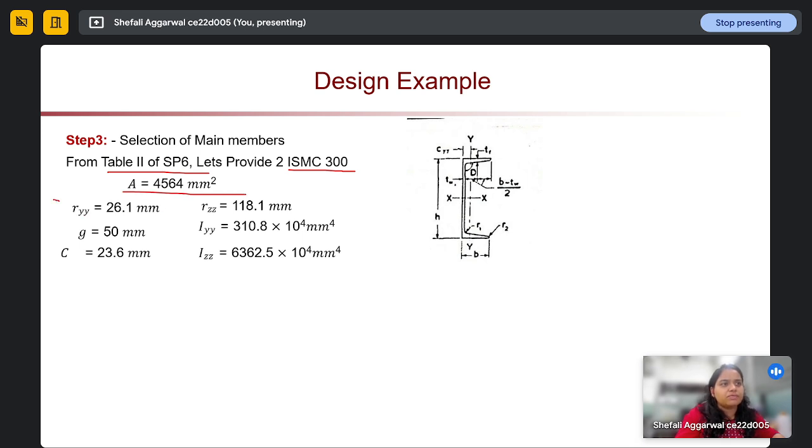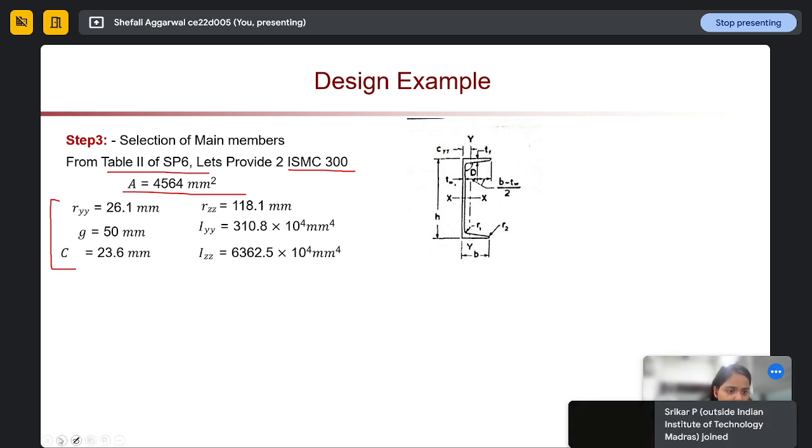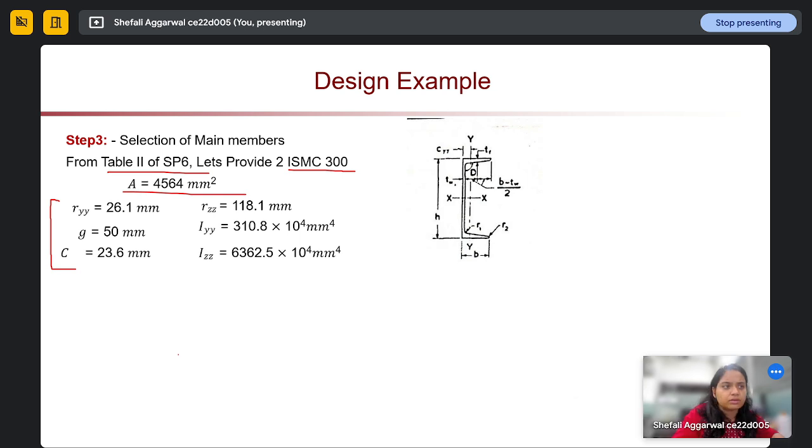These are the different elements of our C section, like the total height, the radius of gyration in Y direction, and radius of gyration in Z direction. These are the important terms we will require for the design purpose. This is the moment of inertia in Y and Z direction. Using these terms, we can go to our next step of designing.